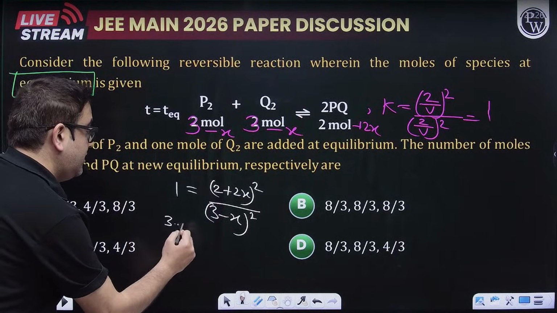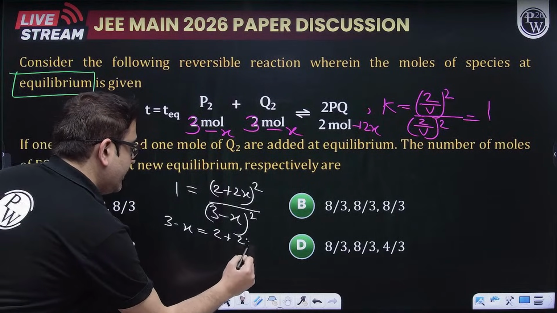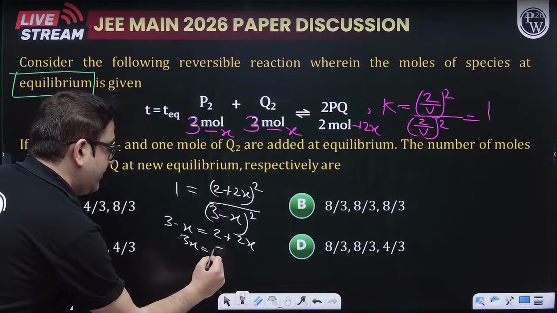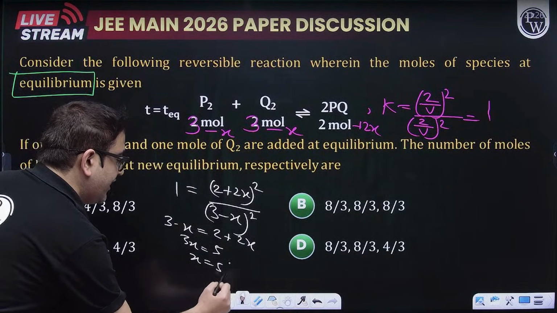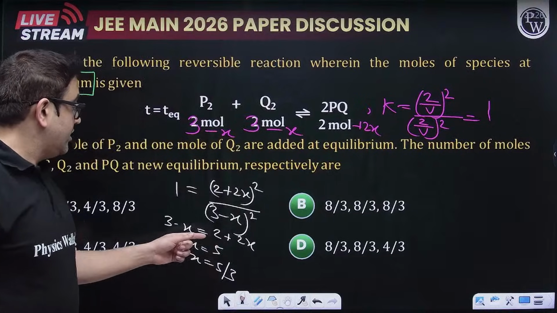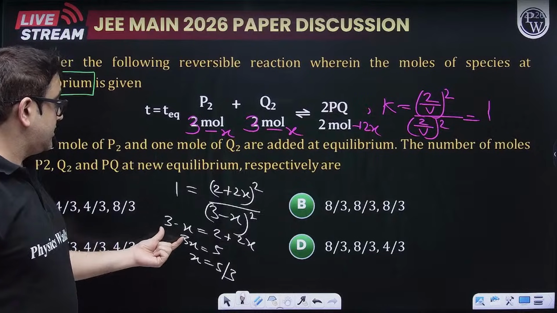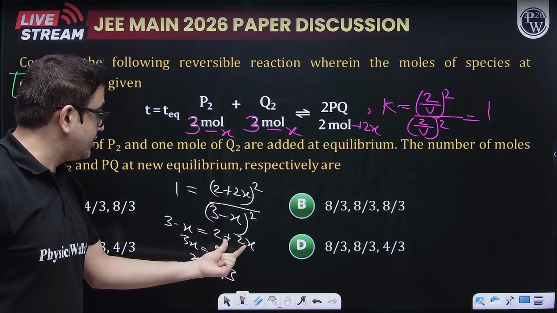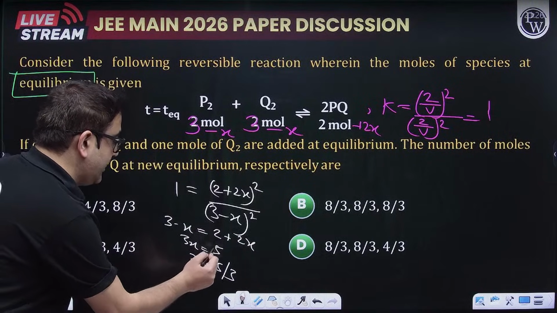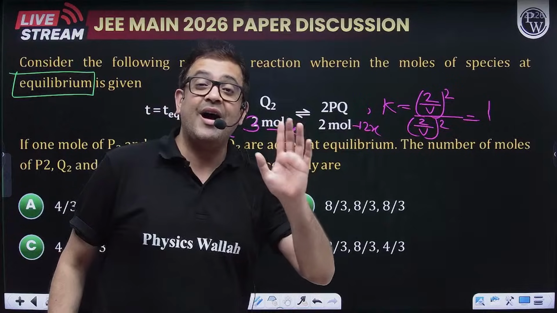So this is 3 minus x equals 2 plus 2x, as in 3x is equal to 5, so x is equal to 5 by 3. I hope we have done everything correct. So this is 3x. This 3x is 2 plus 2x. So 3x is, okay, sorry, 2 minus 3x is 1. So x is 1 by 3. So x you have got as 1 by 3.